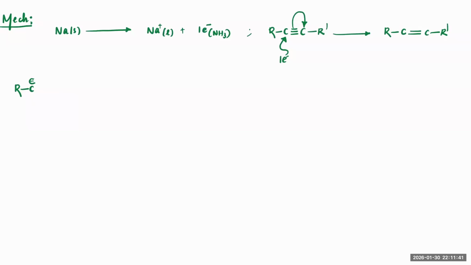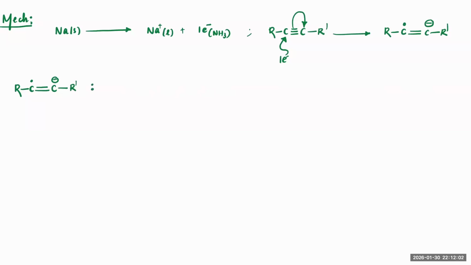As one electron is pushed, the double bond will shift and a minus charge will come on this carbon. Because you are pushing a single electron, it will have a radical form. So you will have a C dot with a double bond to C minus, with R and R'.